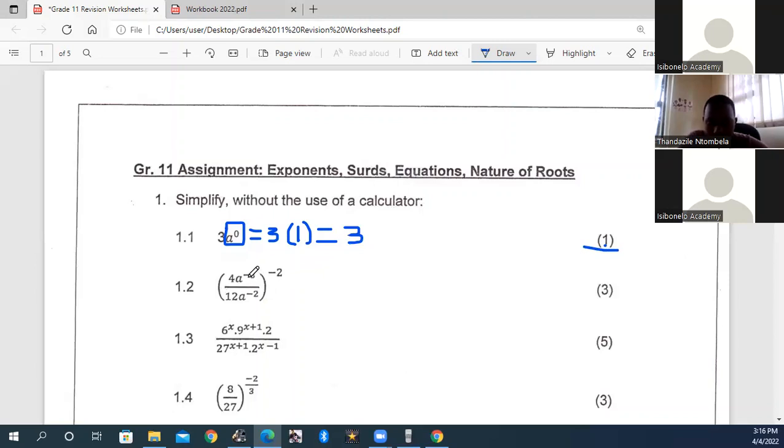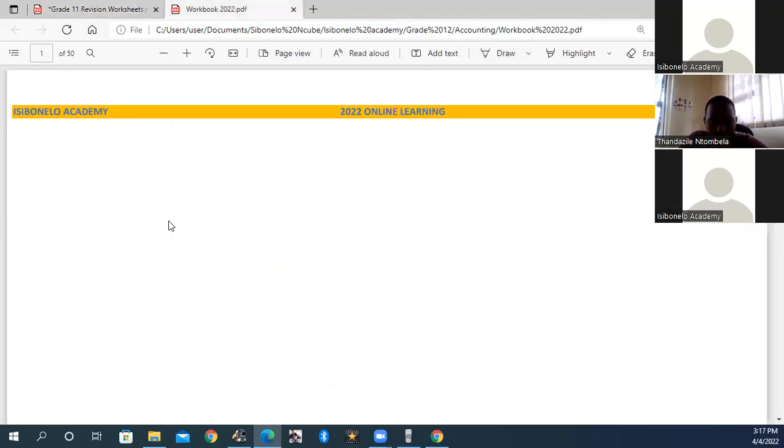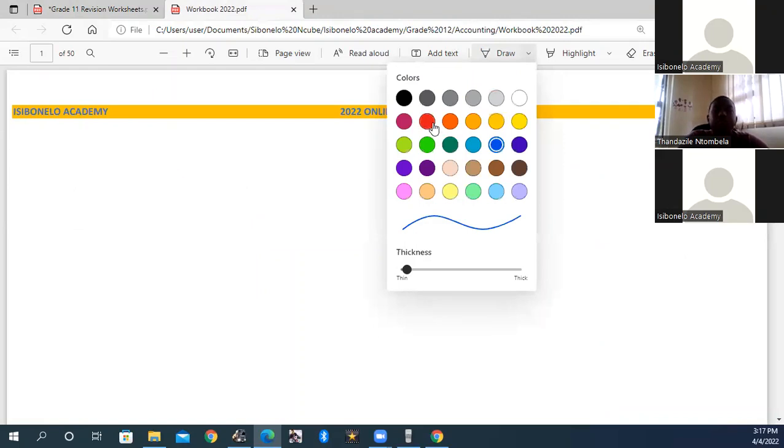4a minus 3 all over 12a minus 2 into exponent negative 2. Okay, ngizocela ukusibhala phansi lesi ngala khona sizosenza kahle with space esivulile.